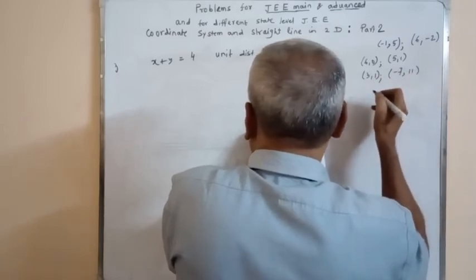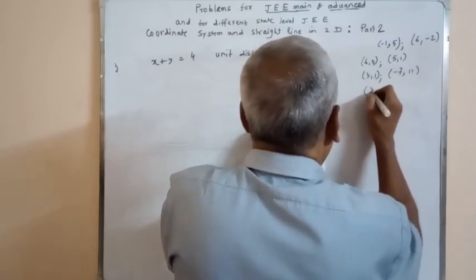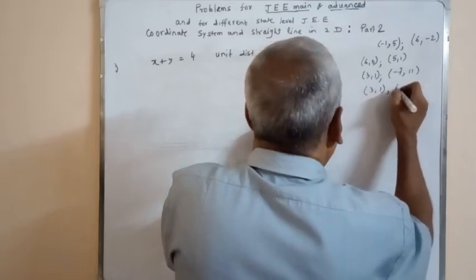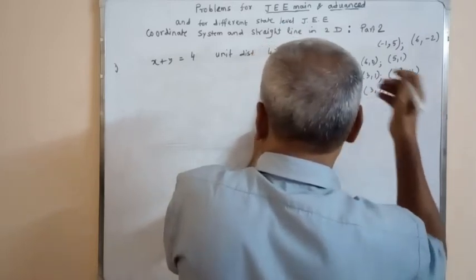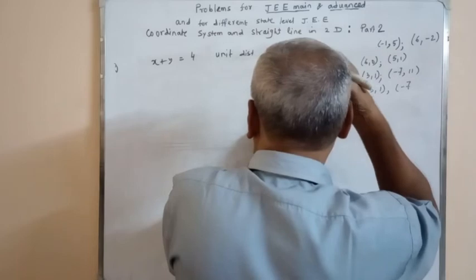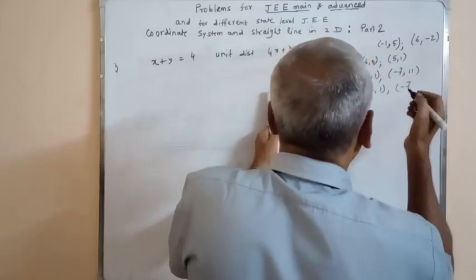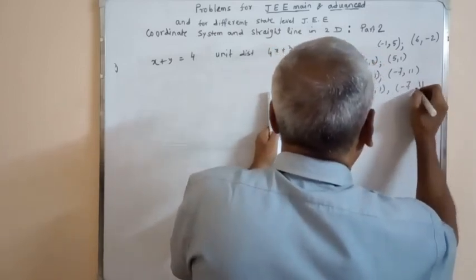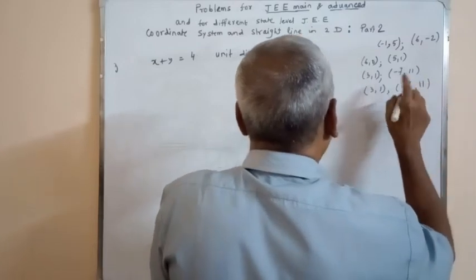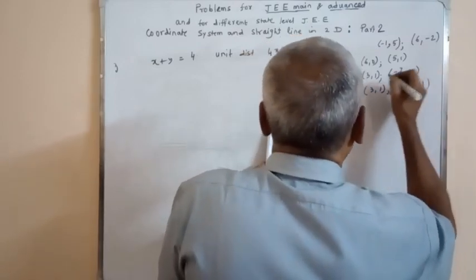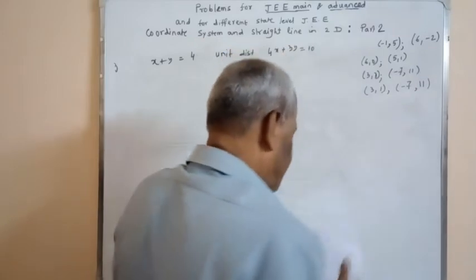Fourth option is 3, 1 and -7, 11. Oh, both are the same. Actually, say suppose this is 2.